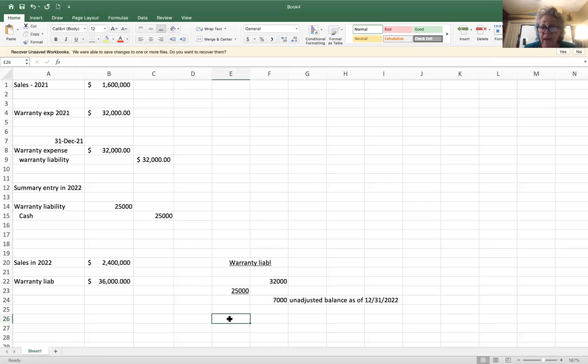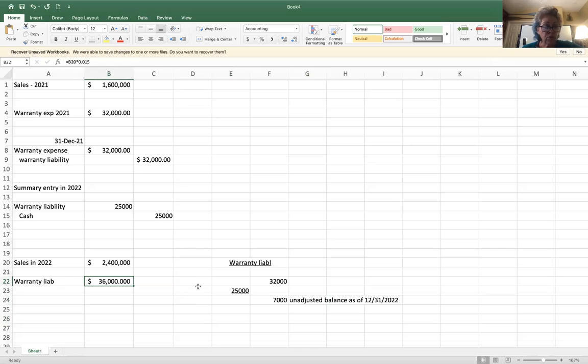Now we estimate that the adjusted balance of the warranty liability account should be $36,000. Because now the 1-year warranty period has expired, so nobody can bring back anything from 2021 for warranty because the warranty has expired.